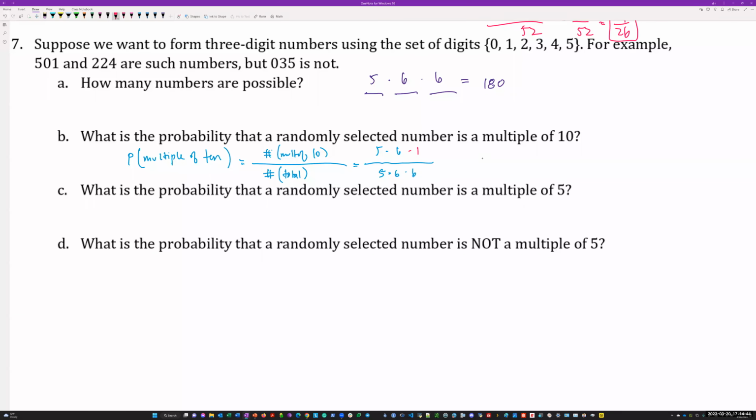Now, another thing that we could do is we could actually just think about this another way. I could say the same thing where it's a probability that it's a multiple of 10. And then we could start thinking about it directly in terms of the slots. What does the first thing have to be and the second thing and the third thing? The first one really could be any of the 5 numbers.